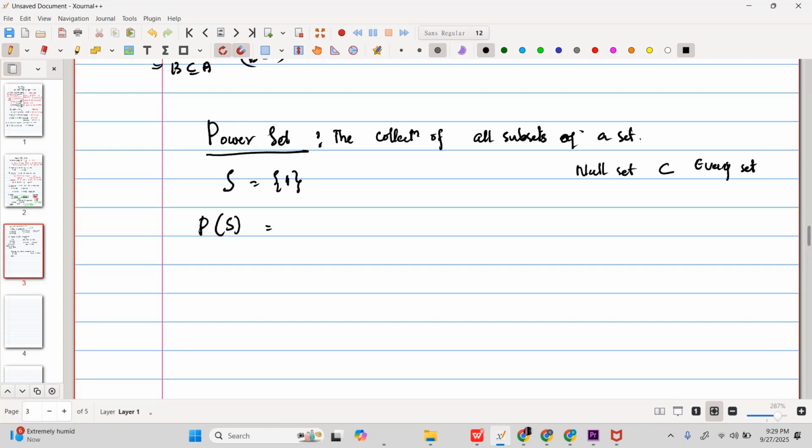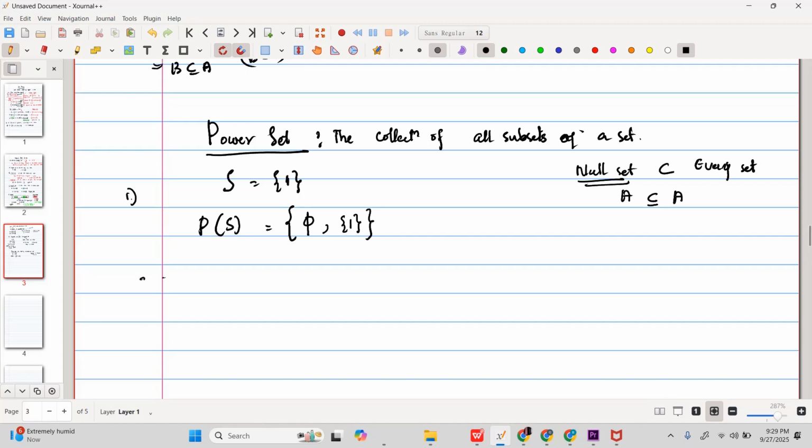And we know that if there is a set A, that itself is a subset. So the power set, considering the null set, which is a subset of every set, we can write phi, comma, and there is only one element, and for that one element, how many subsets can we make? Only that itself. So this is the power set of S.